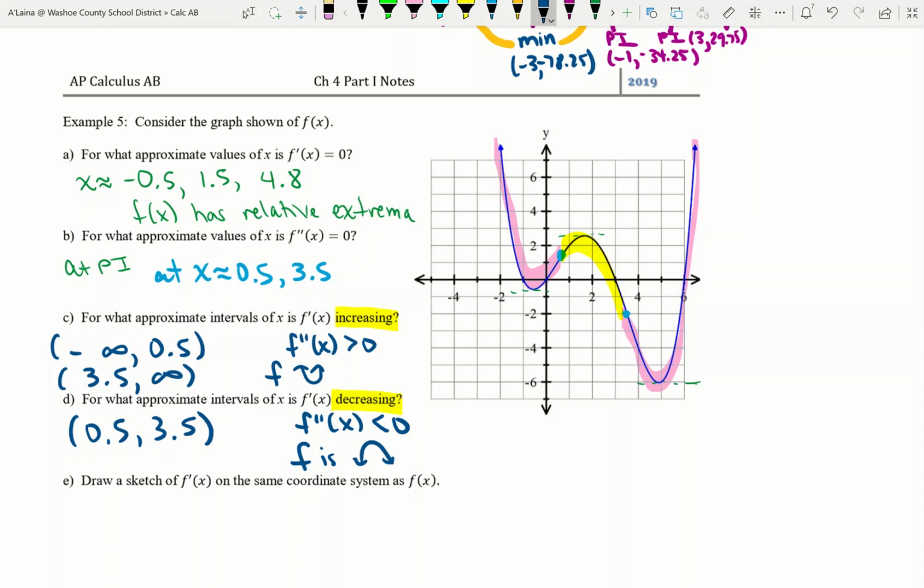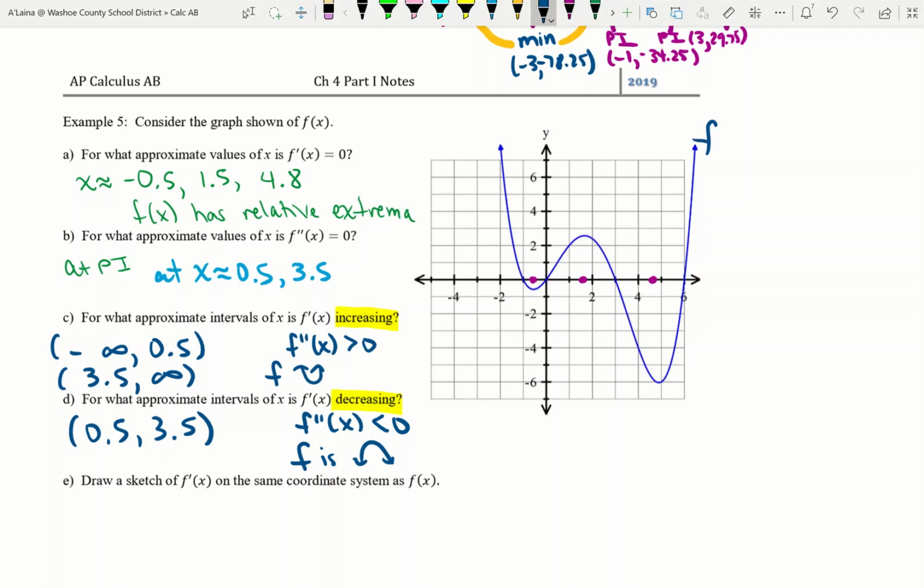I want to draw a graph of f prime on the same coordinate system as f, as the last part here. Well, I'm going to really start by paying attention to where I said that the first derivative had zeros. The first derivative we said had zeros where f had extrema. Okay, so f, I'm going to keep blue.